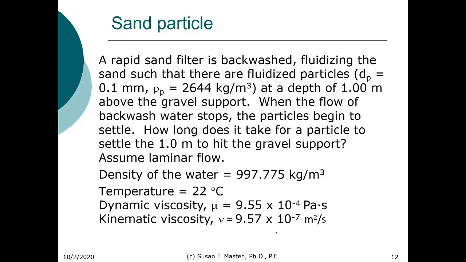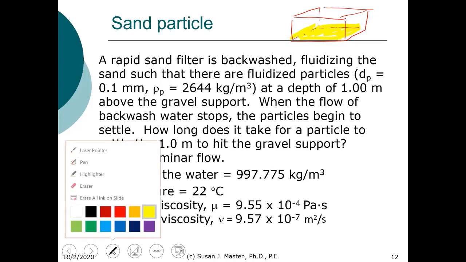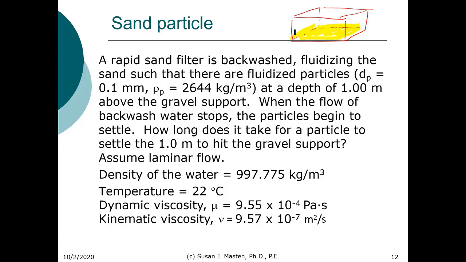Okay. So let's look at an example here. What we have is a rapid sand filter, and that's backwashed. You can think of your sand filter as basically a box. And that box is filled with a gravel support, shown in yellow. And on top of that, a sand.